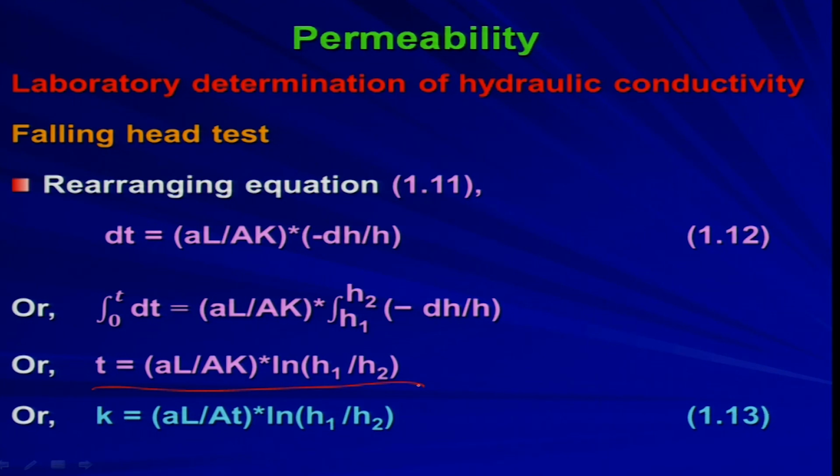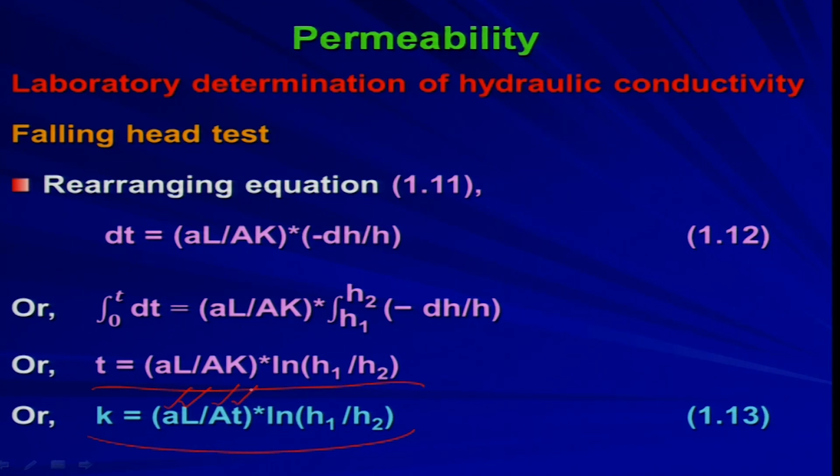Now, from this expression, which is my final expression, I can get the hydraulic conductivity small k. The cross sectional area of the standpipe is known to me because it is very standard. If you go to the laboratory you will see the standpipe, and you can measure the diameter of the standpipe, so you can find out its cross sectional area. L, the length of the soil specimen, is also very standard. A, the cross sectional area of the soil specimen, you can also measure.